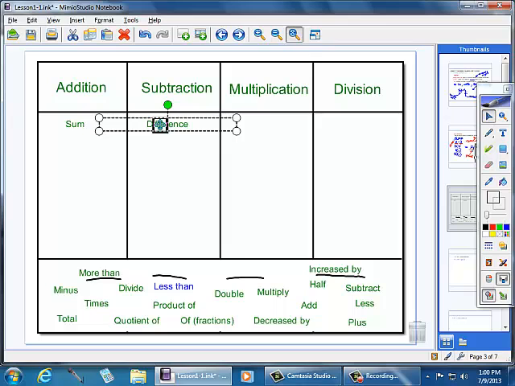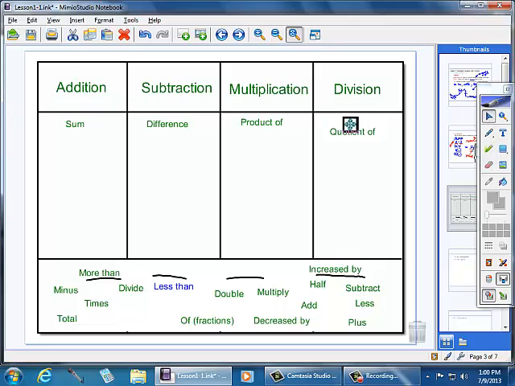I know that the product means multiplication. What's the word for division? Quotient. The quotient of. And I'd like to see if you guys can finish out the rest of the table. And I'll check your notes first thing at the beginning of class tomorrow.